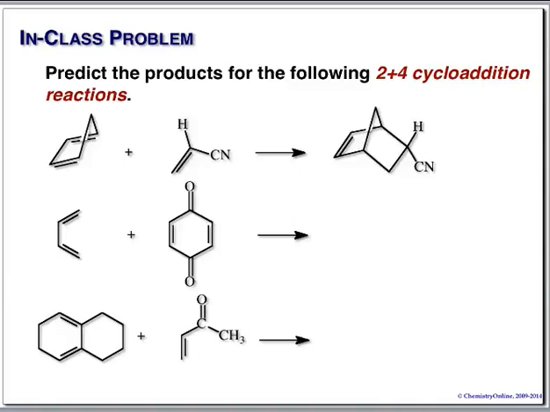When I do that, I can easily see carbons 1 and 4 are going to react with 1 and 2. When I do that, now it's simple to see what the product is. I look across the 6-membered ring to get the carbons of my dienophile.